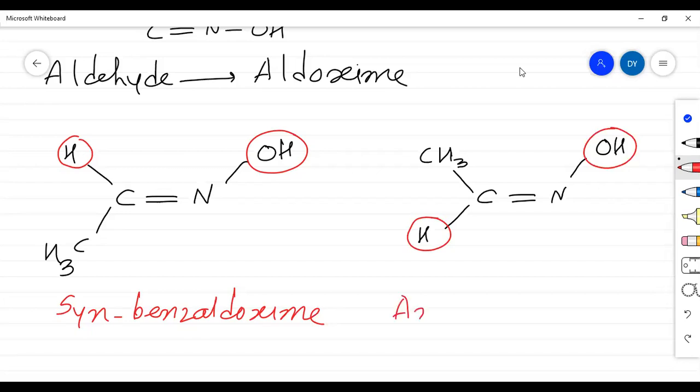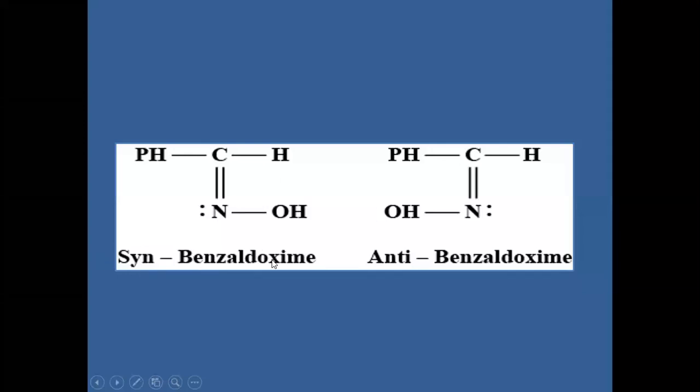That's why this is called anti. So student, this is similar to cis and trans. And that's why this isomerism also comes under geometrical isomerism. As you can see here also, syn benzaldoxime, H and OH are on the same side. Anti-benzaldoxime, OH and H, they are on the opposite side.